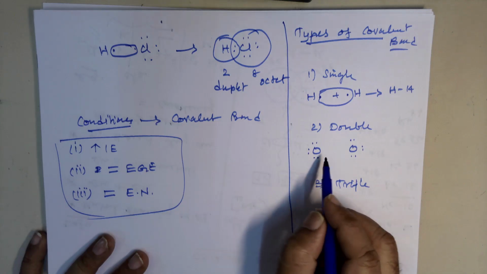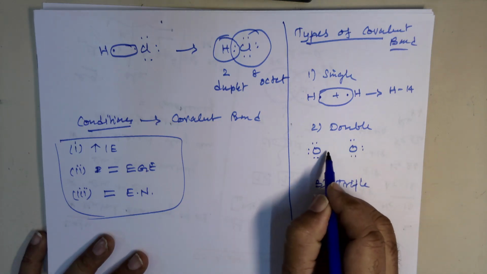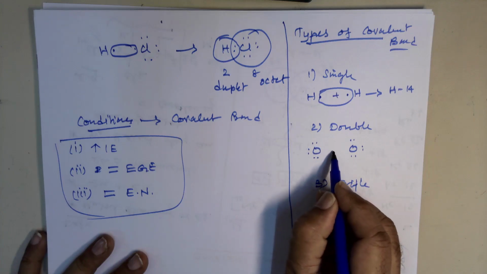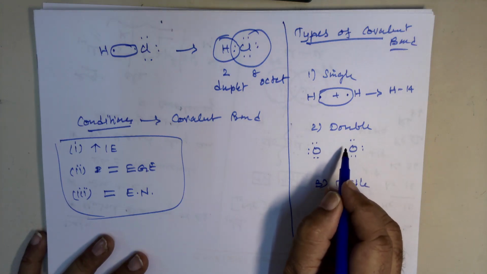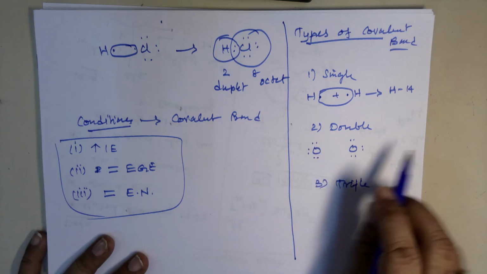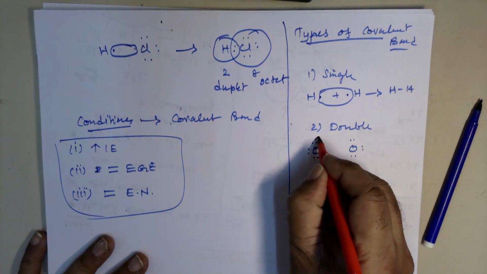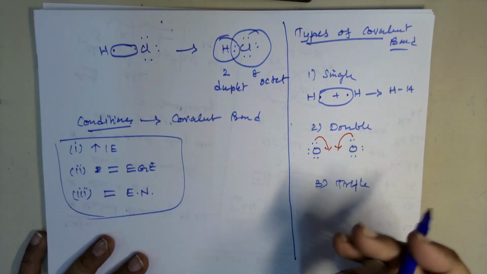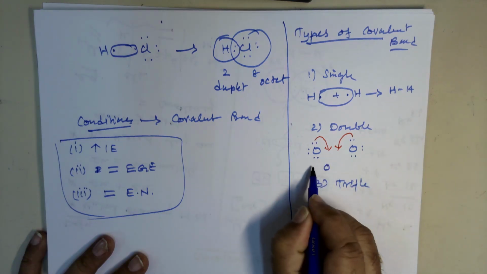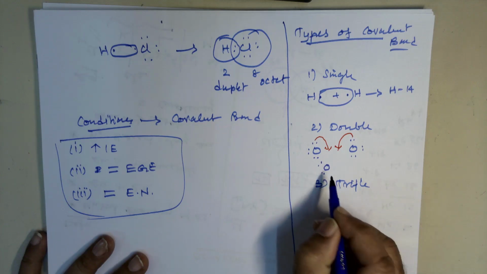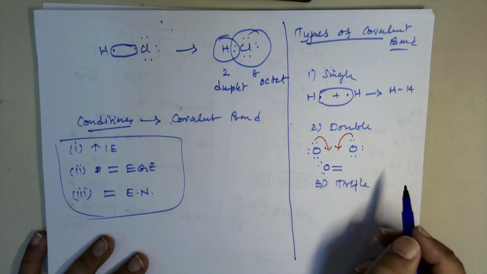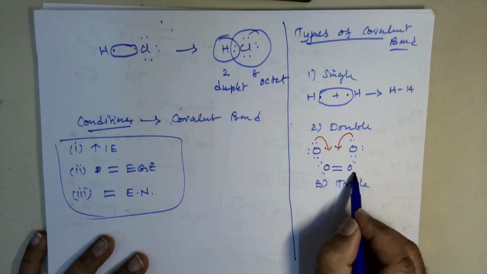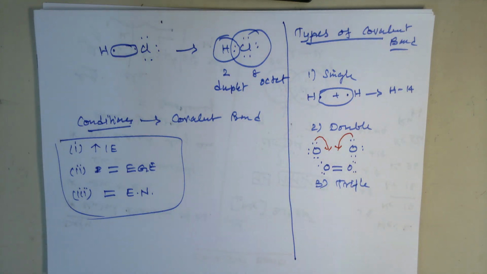If a pair of electrons from each comes to the other, it forms two pairs of electrons shared between the two atoms, so this leads to a double bond.